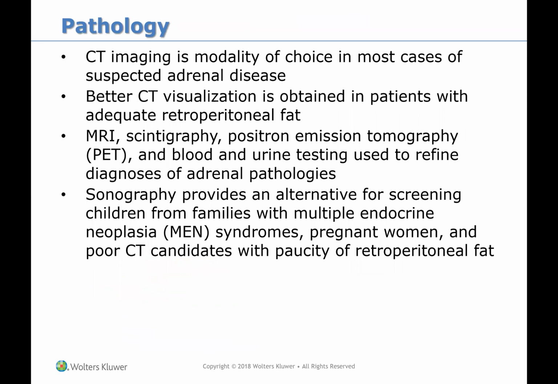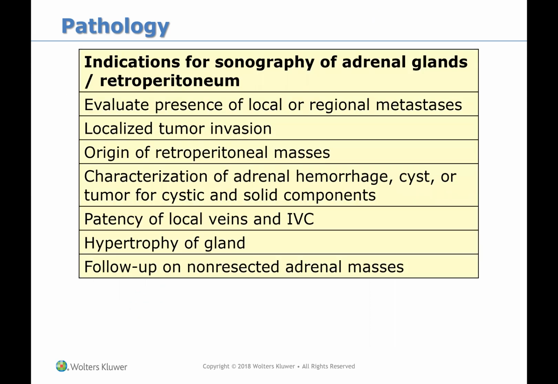We can talk a little bit about pathology. Again, CT is the imaging modality of choice. I don't know how many times I'm going to say that, but it's another thing that we really have to know. So the indications for why we would do a sonogram: evaluation for the presence of local or regional metastasis, localized tumor invasion, origin of retroperitoneal masses, characterization of adrenal hemorrhage, cyst, or tumor for cystic and solid components, patency of the local veins and IVC, hypertrophy of the gland, and follow-up on a non-resected adrenal mass.